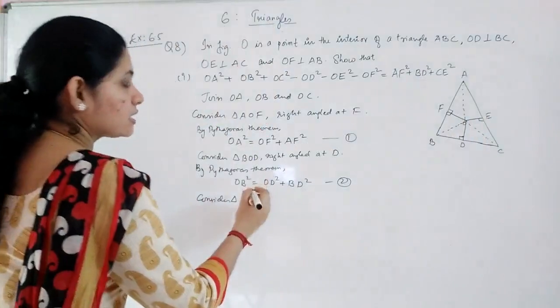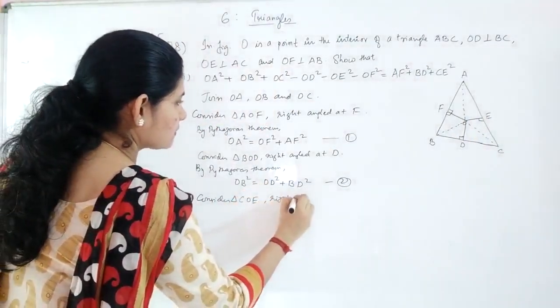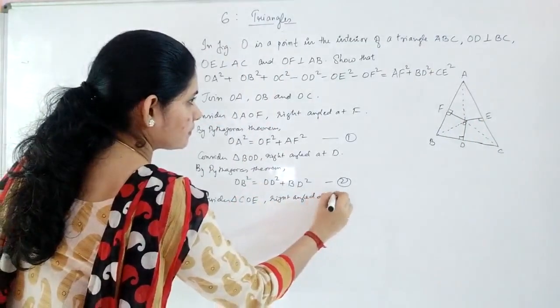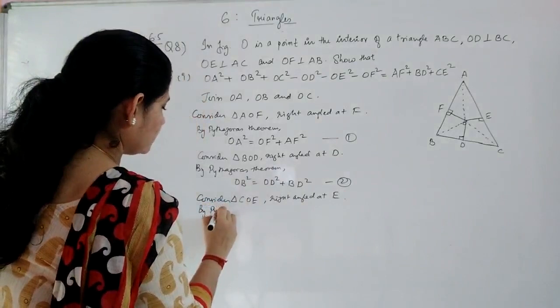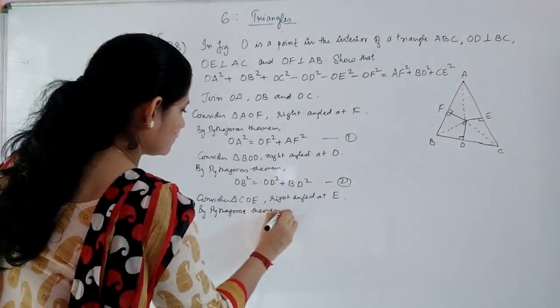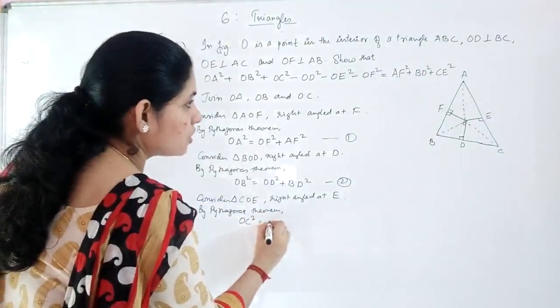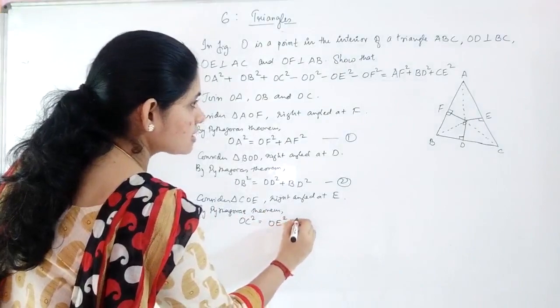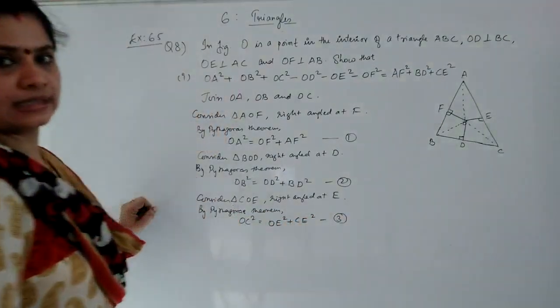Considering triangle COE right angled at E, again applying Pythagoras theorem, you will have OC square is equal to OE square plus CE square, which is equation number 3.